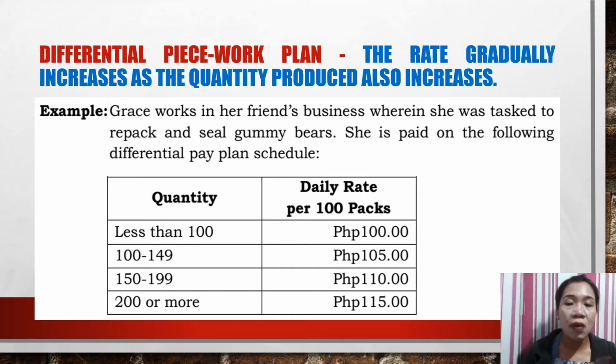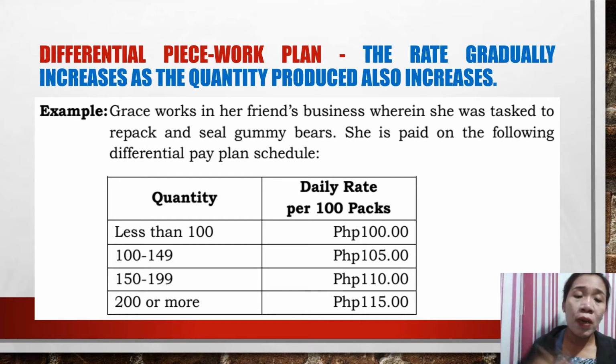Less than 100, kung ang ijang maripak is less than 100, say for example, 96, 92, 80, or 99, basta wala kaabot og 100, ang ihatag niya is 100 pesos. So, daily rate per 100 packs. So, mana dyan, 100 ay ang iyang mahuman sa sakadlaw, ang iyang daily is 100 pesos.